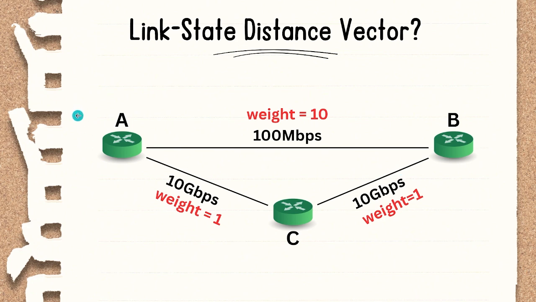Now consider my packet is 1 GB, and let's say the packet goes through the first path, the direct link towards B. With 100 Mbps, the time the packet will take to travel from A to B will be more compared to the packet taking the second path, going via A to C and C to B. So the comparative weights of the links, let's say for 10 Gbps, will be 1.